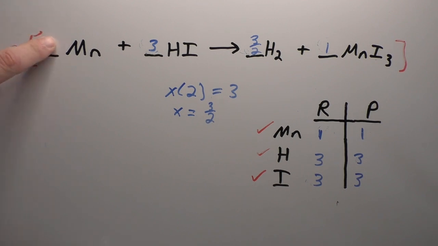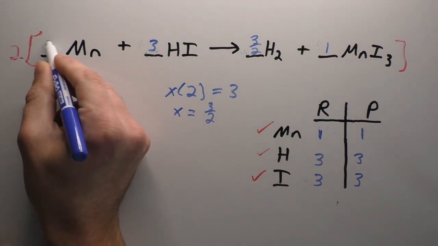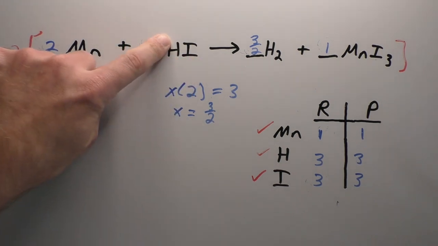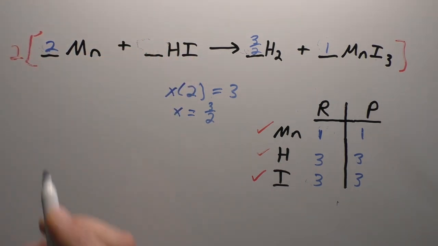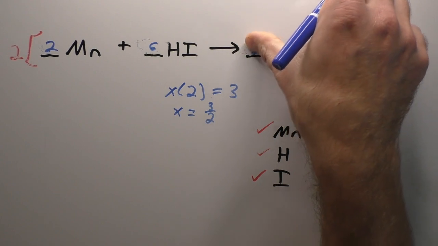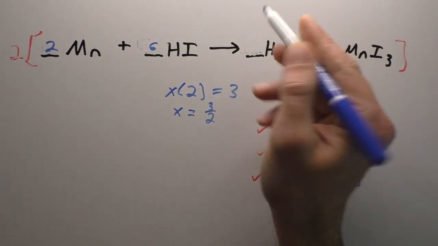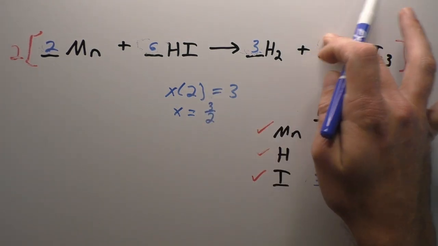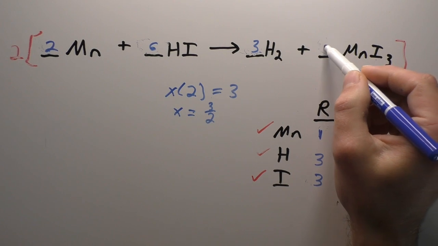For the manganese, 2 times 1 is going to be 2. For the hydroiodic acid, 3 times 2 is going to become 6. For the hydrogen, that's pretty easy. 3 halves times 2. 2's cancel, and we get 3. And for the manganese 3 iodide, it's going to be 2 times 1, which is equal to 2.